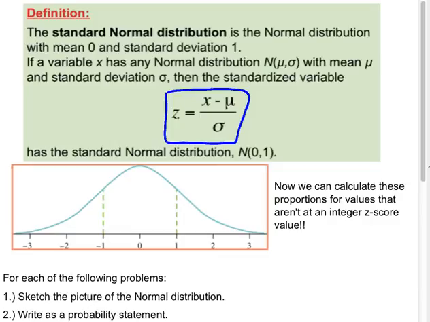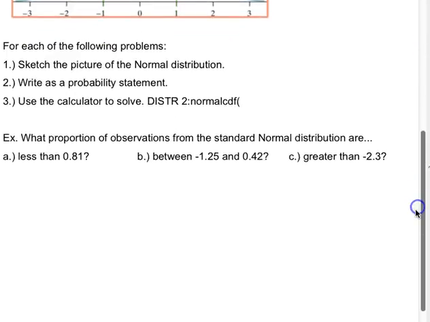So let's take a look at how this works. Okay, what proportion of observations from the standard normal distribution are less than 0.81, between negative 1.25 and 0.42, greater than negative 2.3? So for these, we're working off of a standardized normal distribution, okay?